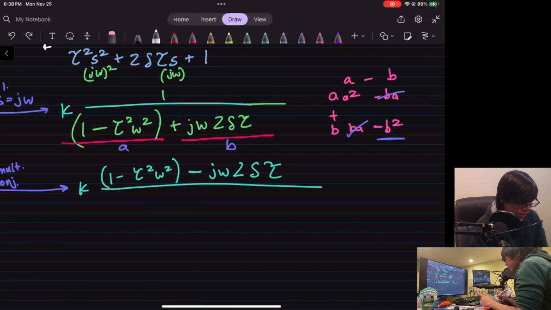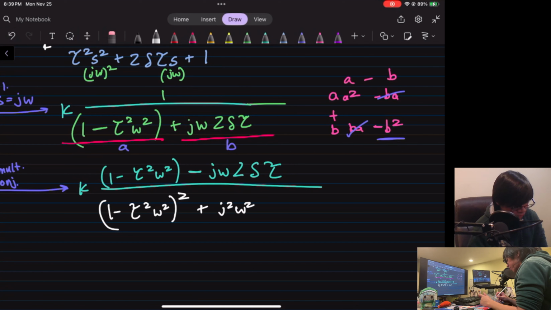So we'll see we have 1 minus tau squared omega squared, squared. And then we have normally j squared omega squared 4 zeta squared tau squared. However, this j squared is negative 1, so we have minus. Did I do that right?